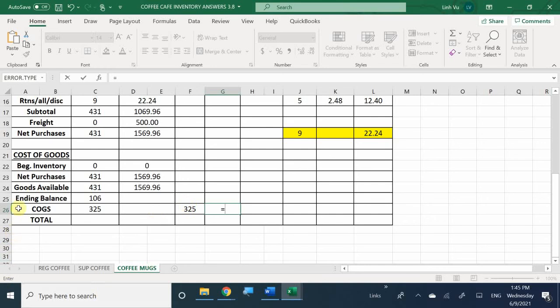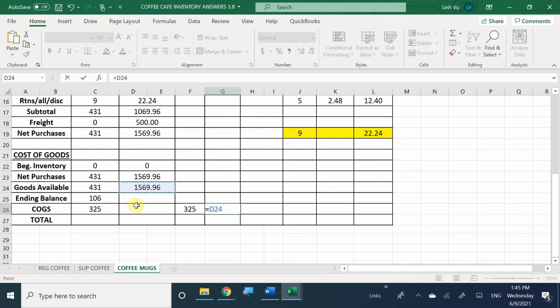How do I solve for my average cost per item? The 431 minus the 106, that's my cost of goods sold. I'm talking about my cost per item, my average cost per item. Would it be the 1569.96 divided by the 325?